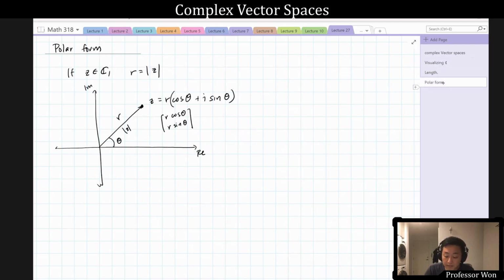So that point is r cosine theta plus i sine theta. And a short way to write this is r e to the i theta. Which hopefully you learned in calculus, right?